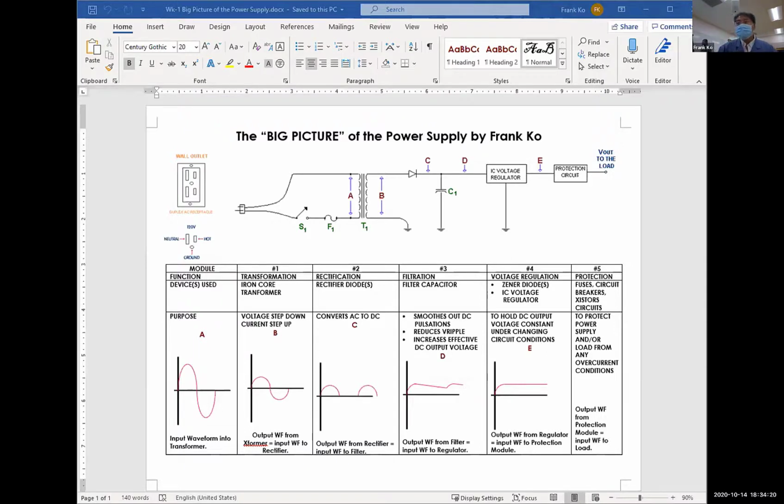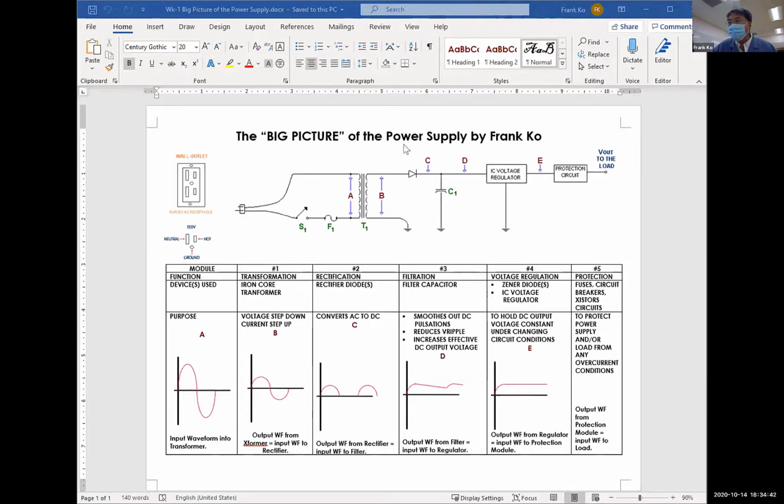And the output of this waveform from the rectifier now goes where? What's it say at the bottom of this module number 2? The output waveform will be rectifier equals input waveform. Yes, the output of this module is the input to the next module. Okay? And look at where waveform C is measured.